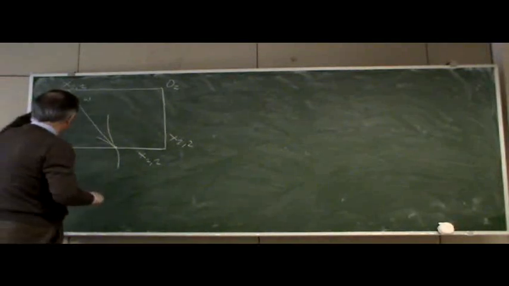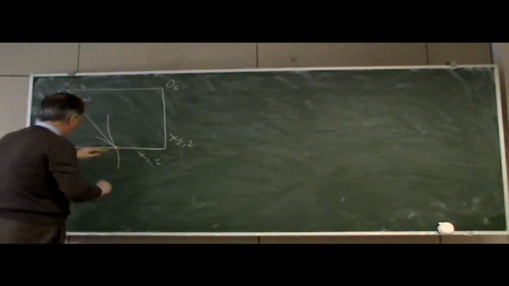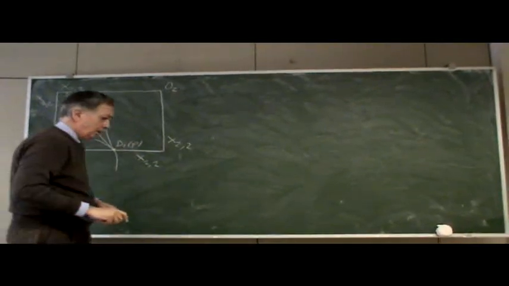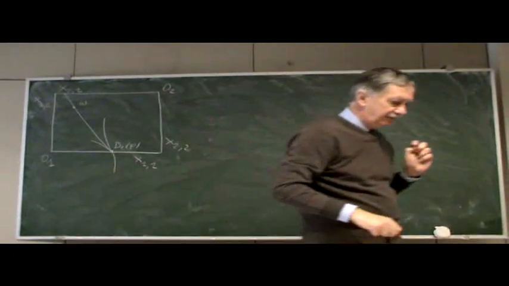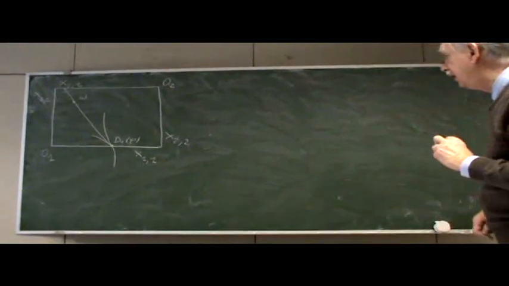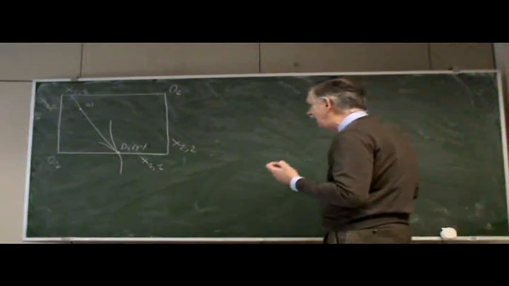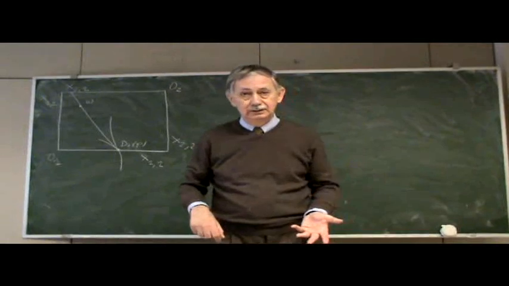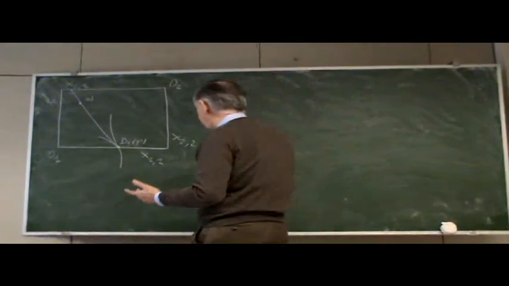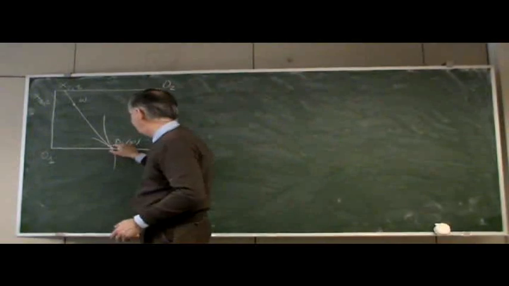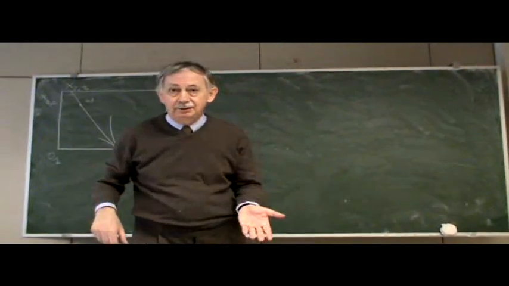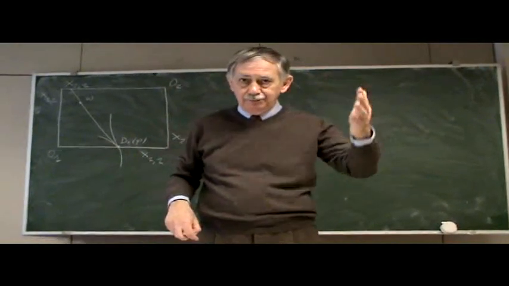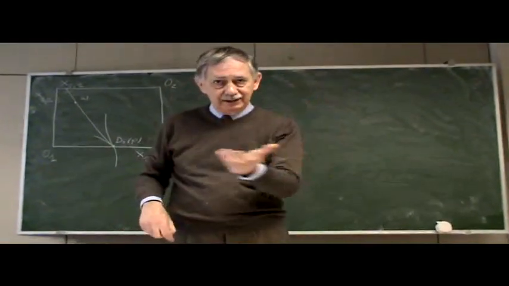But note that the optimal point is represented by this D1 of P. What is the characteristic of this point? It's a border point in the sense that only one good is demanded. Only the first good is demanded, and the demand for the second good is equal to 0. In this sense, it's a border point because it is on the border of the non-negative orthant.